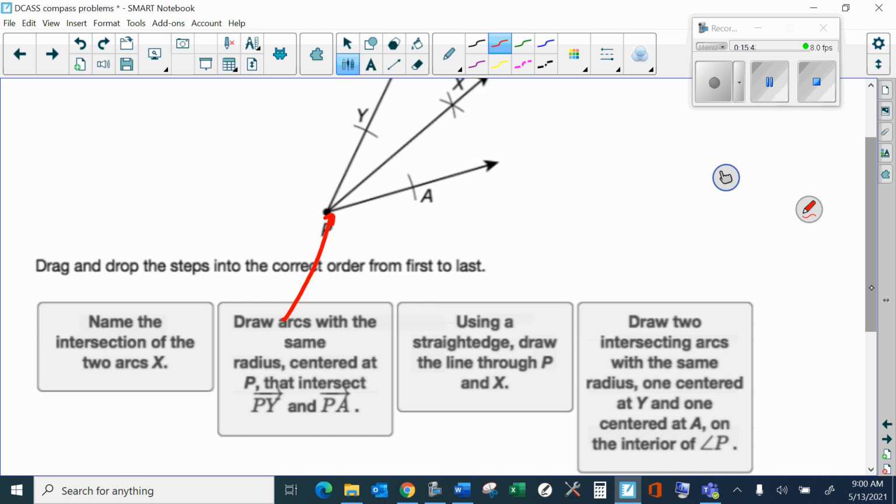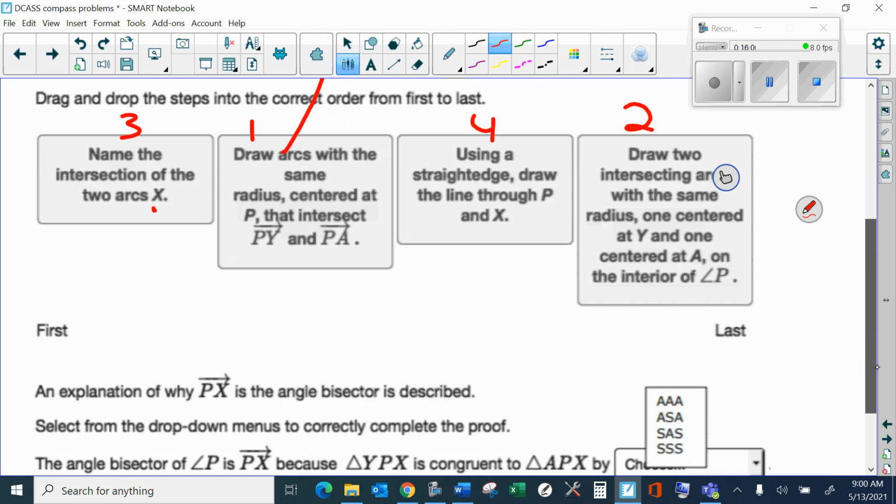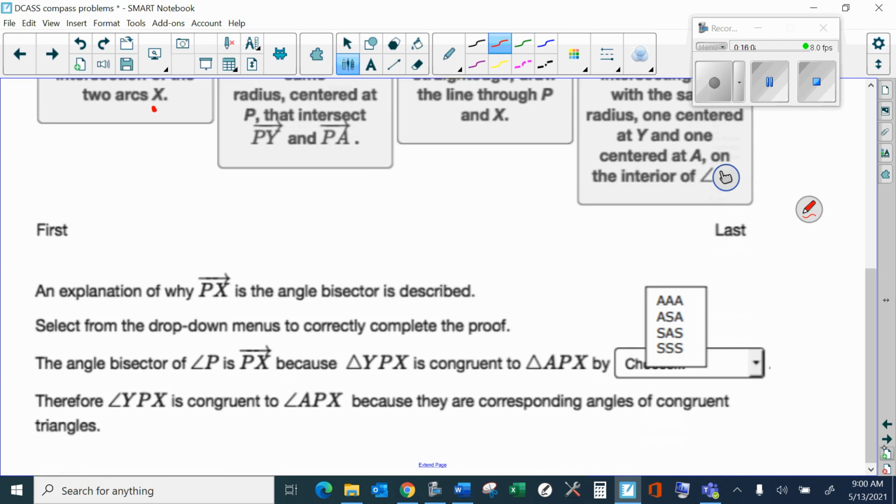Name the intersection of the two arcs. So that's step three. So that's 1, 3. Draw the two arcs with the same radius, one centered at Y and one centered at A on the interior. Step 3 is naming that X, and step 4 is drawing your ray through that. So again, angle bisector is huge. It's almost guaranteed to be on there.